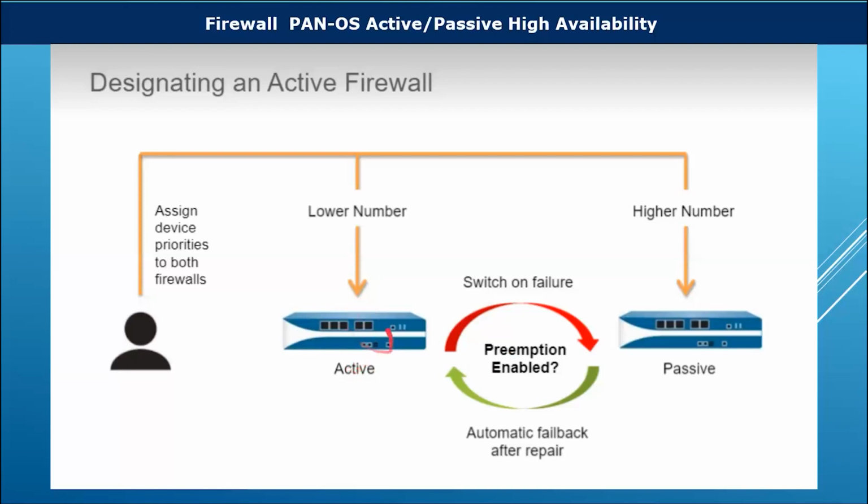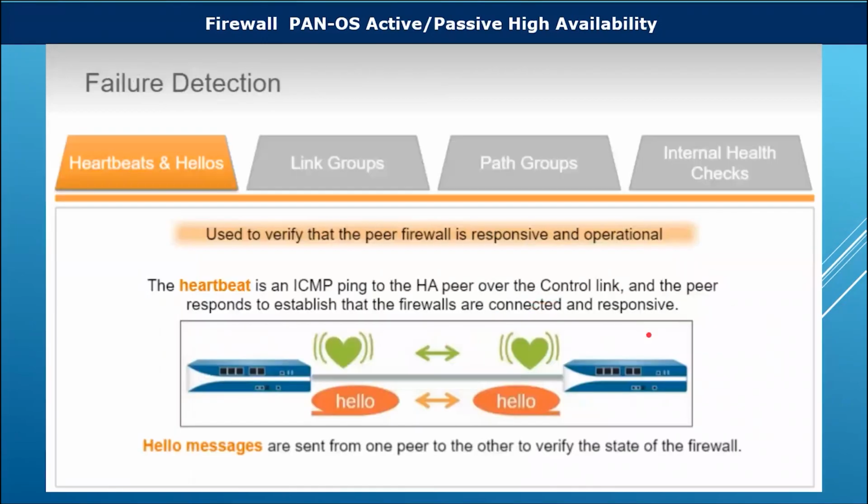If in any case this device goes down, the other will become active, and you raise the RMA for this device. After the problem is fixed, this device automatically becomes the active because it has the lowest priority number, right? So we have to set the priority on both firewalls: the lowest number priority for the active firewall, the highest number priority for the standby firewall. Okay, so this is the functionality of enabling priority.